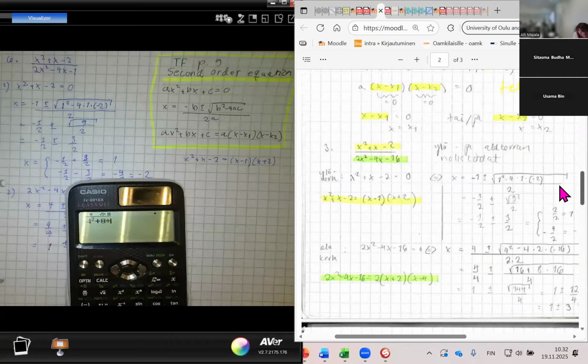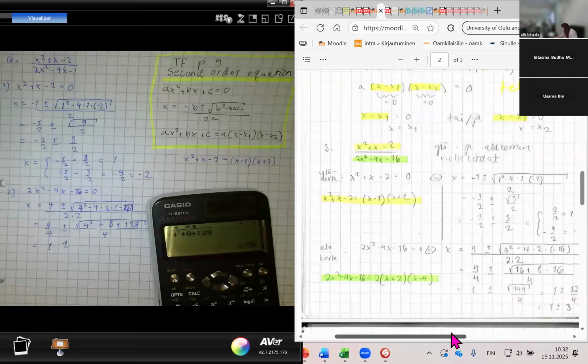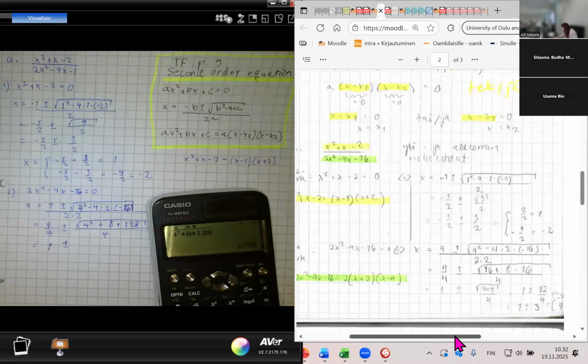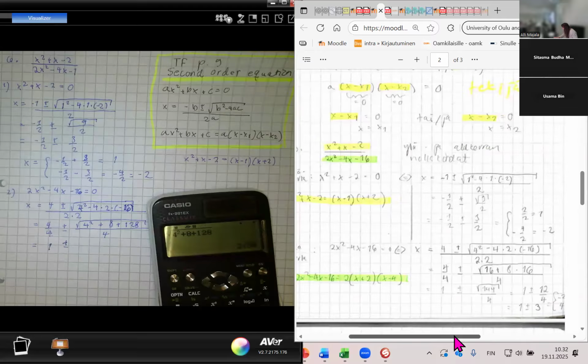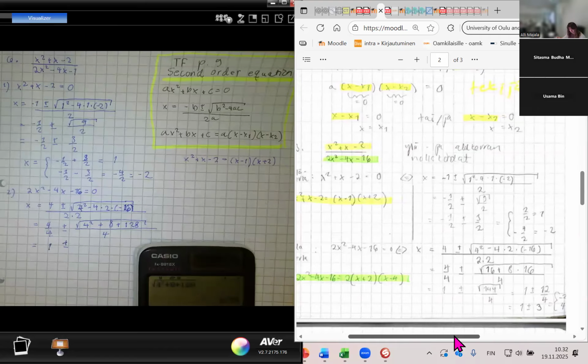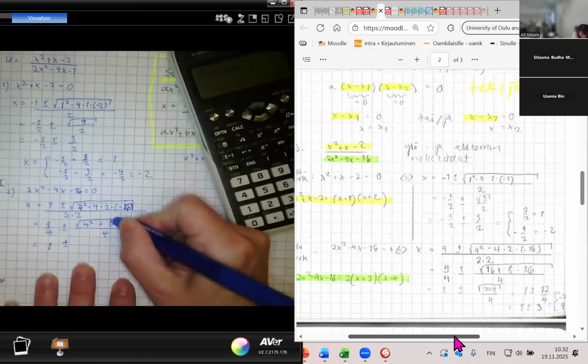What am I supposed to get from here? Four times 2 times minus 16. Yeah, I'm supposed to get... No. There's a wrong sign.